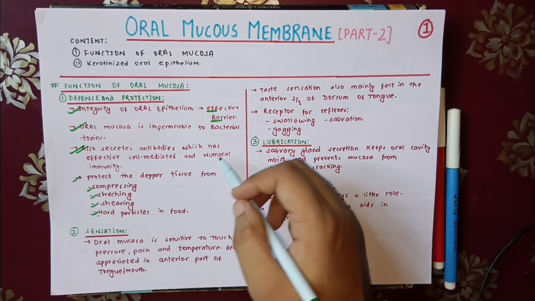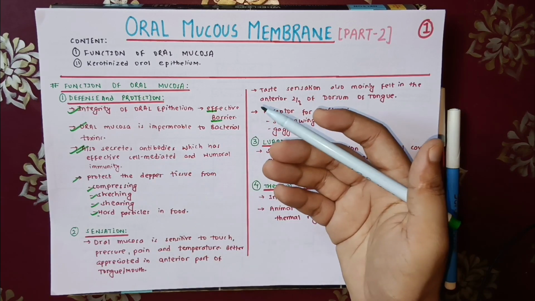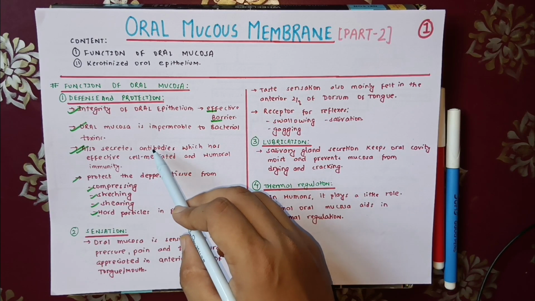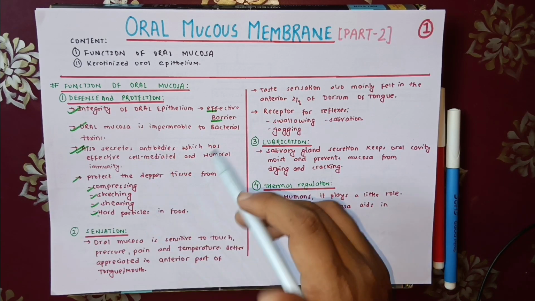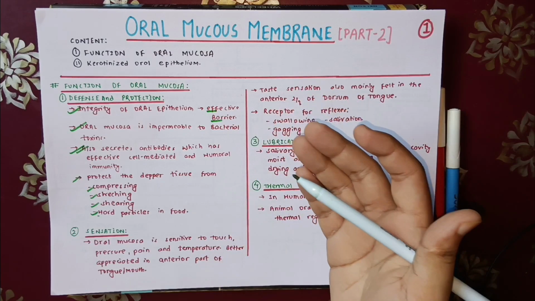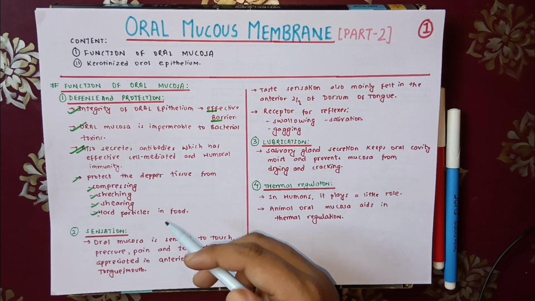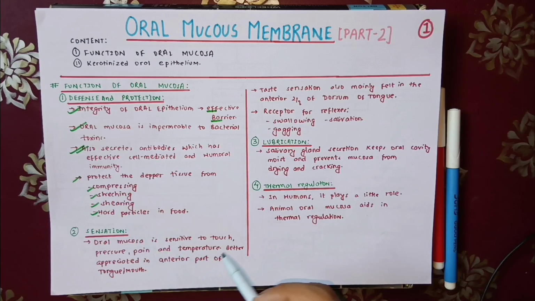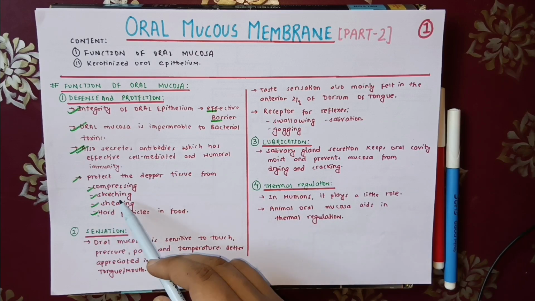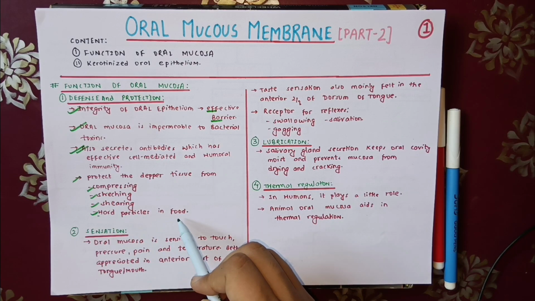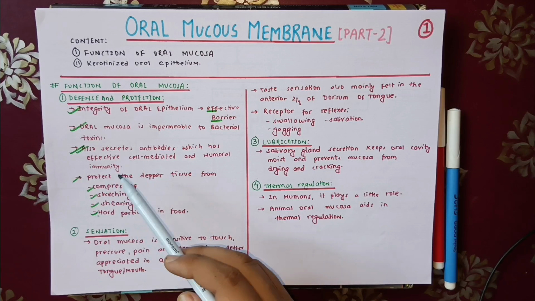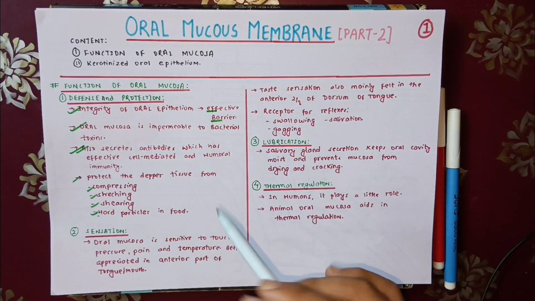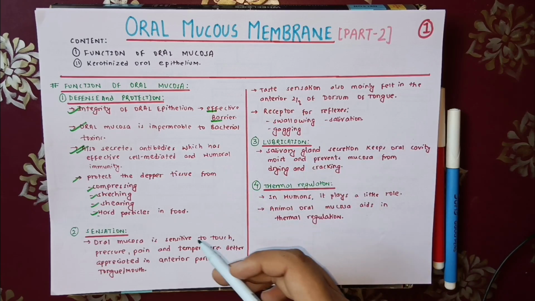Humoral means antibody secreting type of immunity. Those antibodies keep us protected and defend against the toxins. It also protects the deeper tissue from different mechanical forces and the hard particles in the food, so it defends and protects the deeper tissue of the oral cavity.